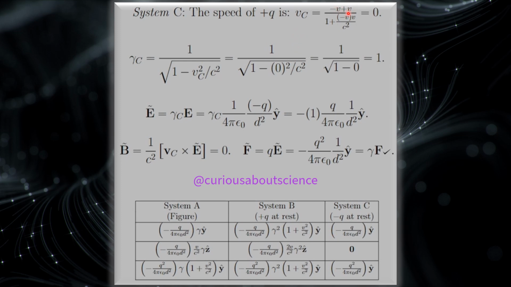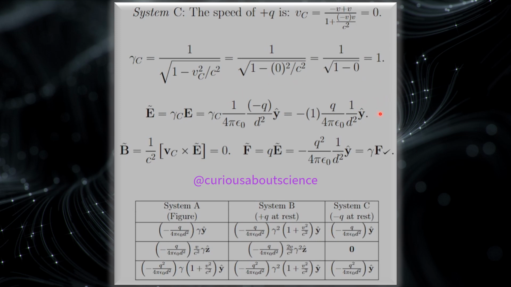So we get negative V plus V over all this denominator, so that's equal to 0. Lovely. So we see that gamma_C is equal to 1. That makes our life incredibly easy. So E bar is equal to gamma_C times E, and we see that that's just 1, so we push on through.